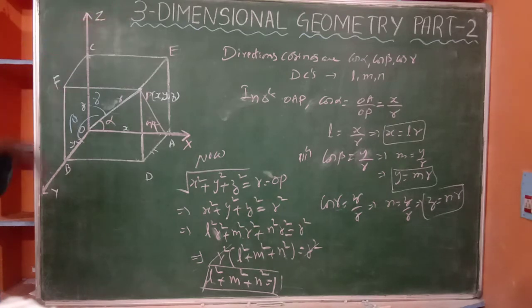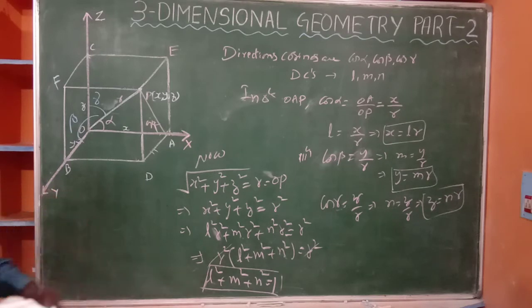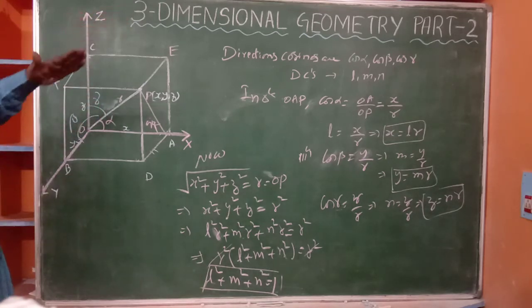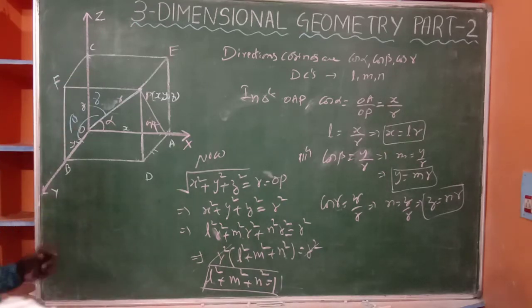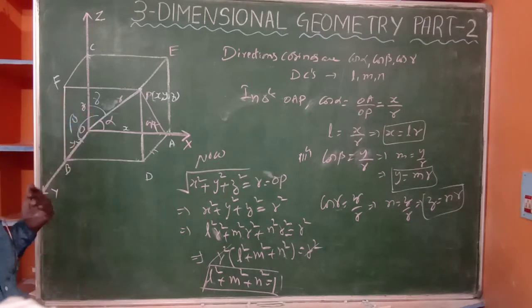It is not necessarily connected with the origin. Even so, if you draw through O another line parallel to that line, it makes some angles alpha, beta, gamma with the x, y, z axes. Parallel lines have the same angles alpha, beta, gamma.